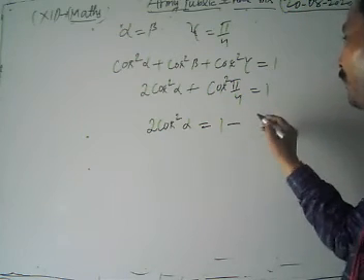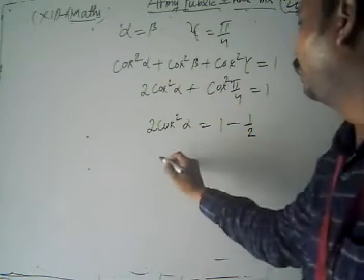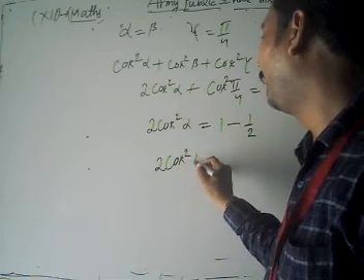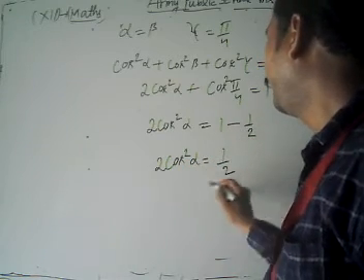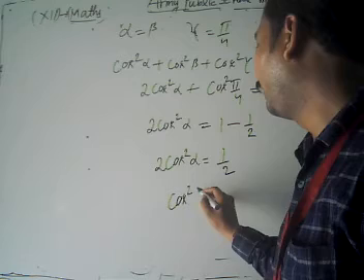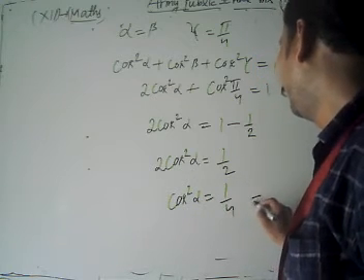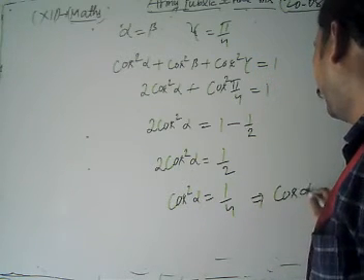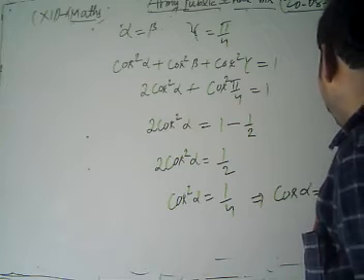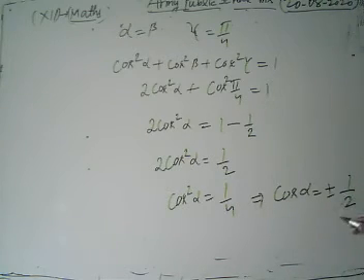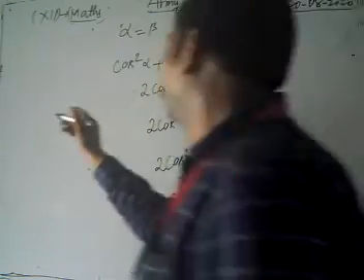The value of cos pi by 4 is 1 by root 2, so its square gives 1 by 2. Then 2 cos square alpha is 1 by 2, so cos square alpha is 1 by 4. Then cos alpha is plus minus 1 by 2. Then what are our direction cosines?